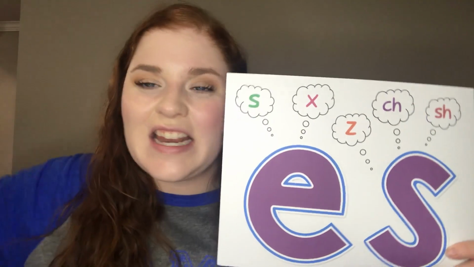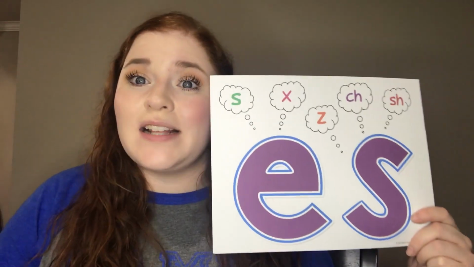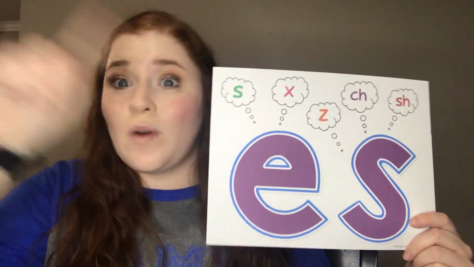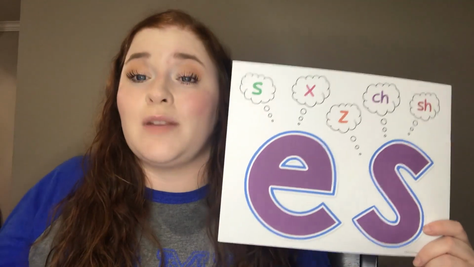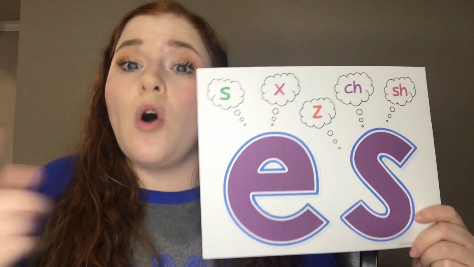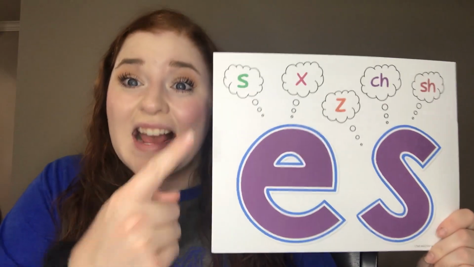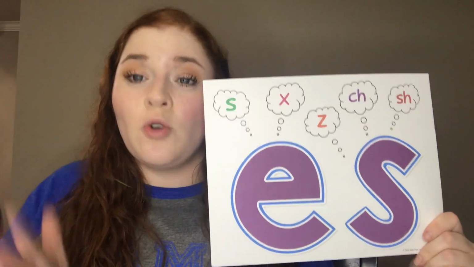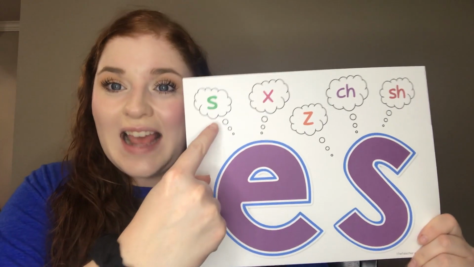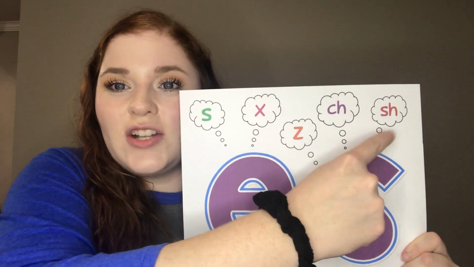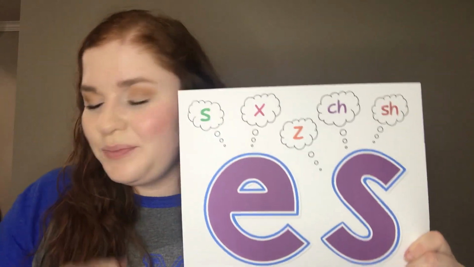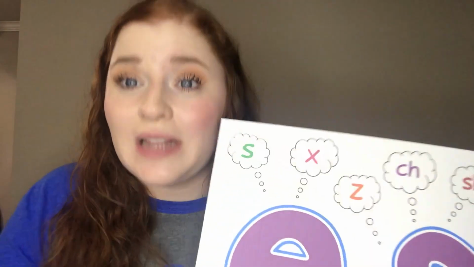If our base word ends in any other consonant, we're just going to add S if we're trying to make it say more than one, or to be plural. Okay, so you will only add ES if your base word or your plain word ends in S, X, Z, CH, or SH. Okay, so let's go ahead and apply this rule and see what we need to do.